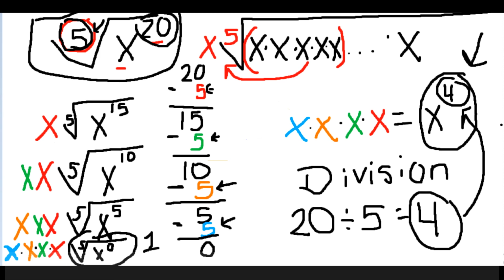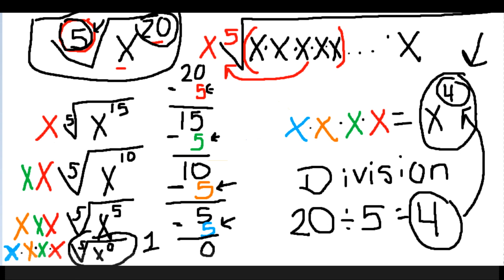So as it turns out, you can use division to jump back and forth between radical and exponential form. And you can use this powerful link between the two to simplify. And using division is going to make your life a lot easier.